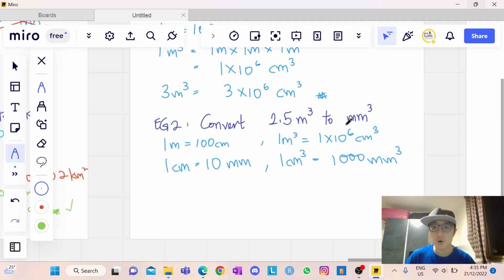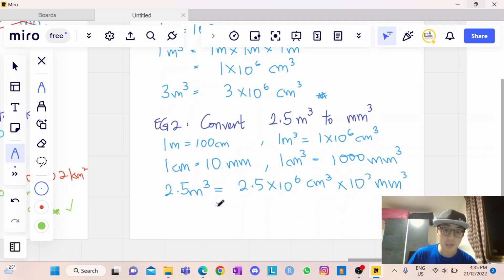So once you have all this conversion written out, it can reduce the risk of you doing something wrong. 2.5 meters cube. First things first, we're going to convert meters cube to cm cube. So you will get 2.5 times 10 to the power of 6 cm cube. So from cm cube, you're going to multiply another 1000 in order to get millimeters cube.